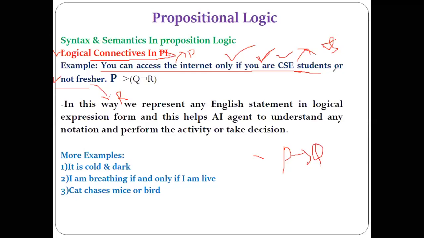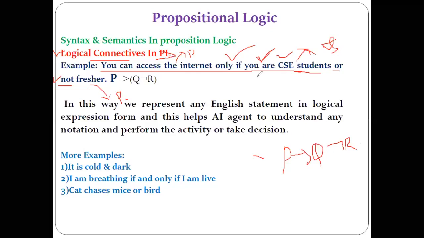Next we have another connective here, or not a fresher. Now here there is a not. Then which connective will be required? Negation. Now we used the propositional symbol R, so we need to write the negation like this. Now where should we put the parenthesis? That is important.